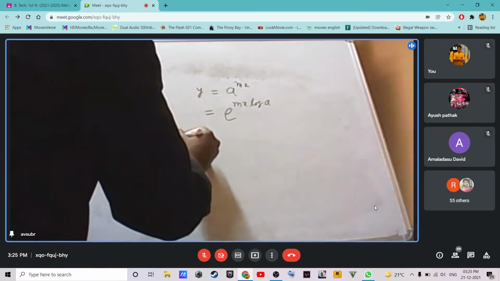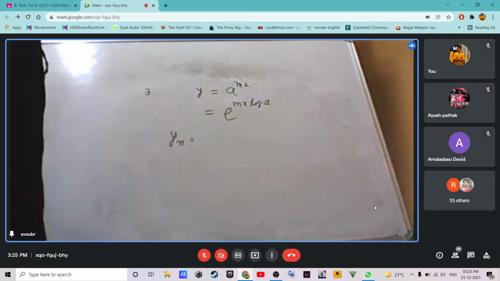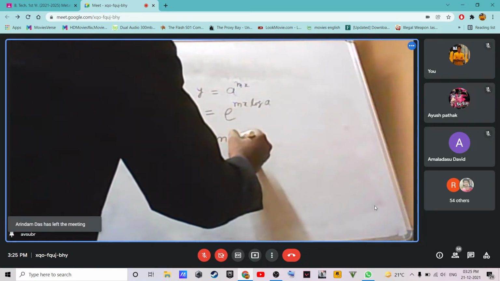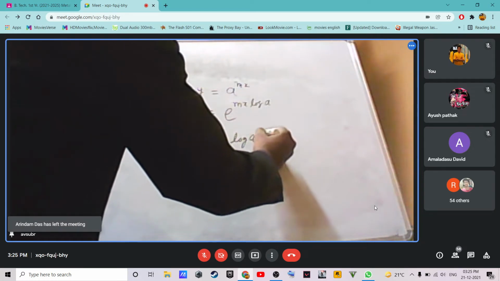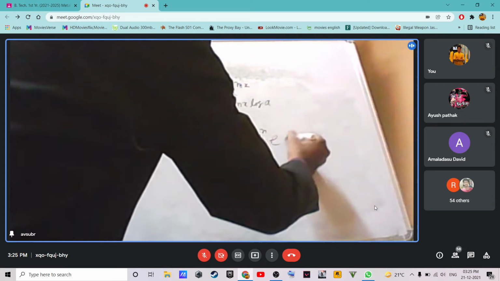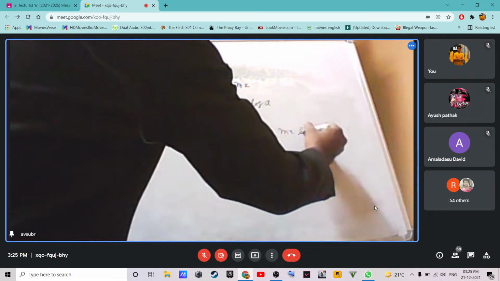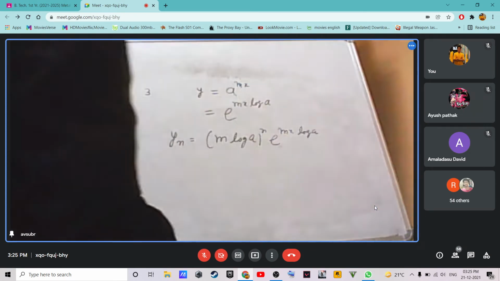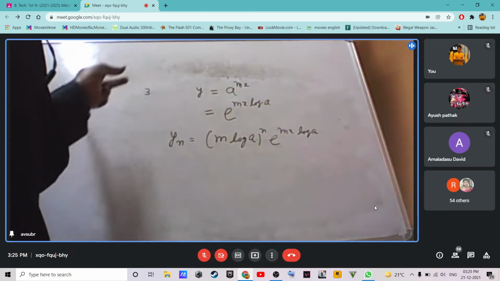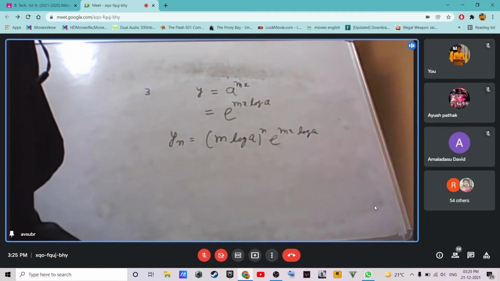So what will be the nth derivative? The nth derivative will be m log a to the power n, e to the power mx log a. Just now we saw this.